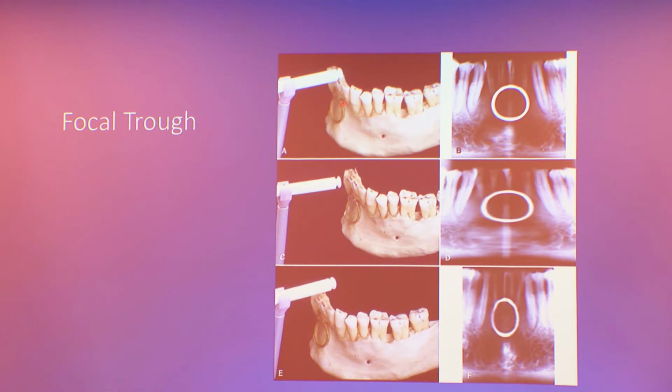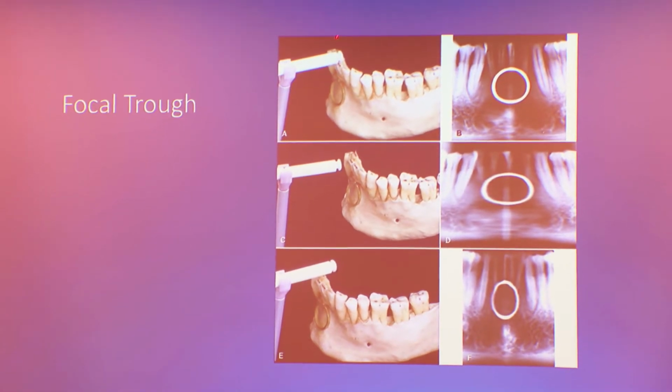And again, as Katie described, if the incisal edges are properly positioned, with the positioning device here and a ring in the anterior aspect of the mandible, we're going to have a nice image that isn't distorted much.